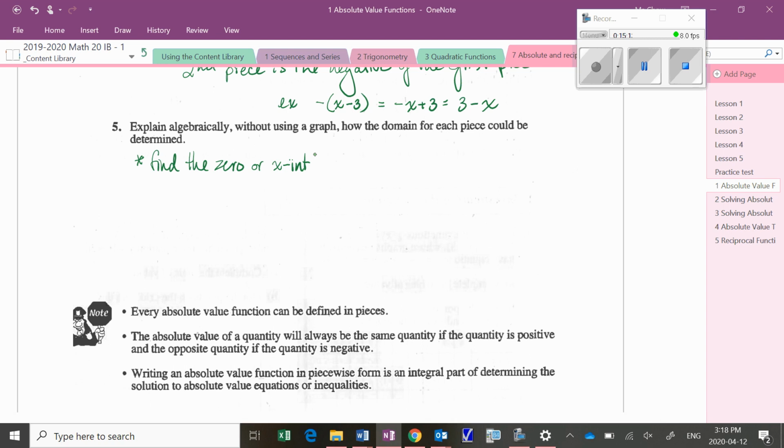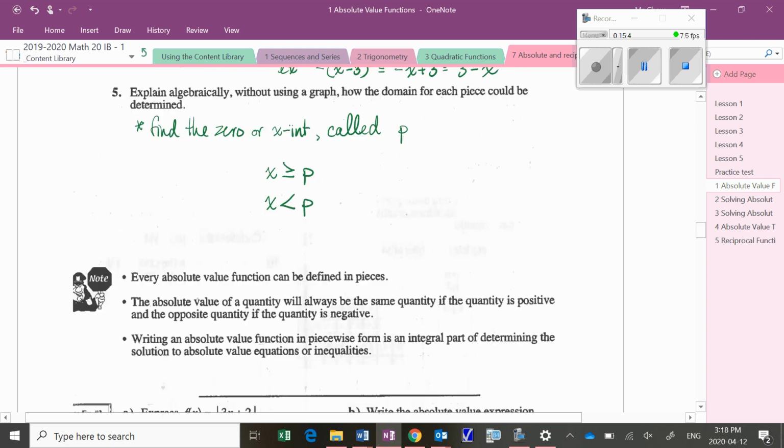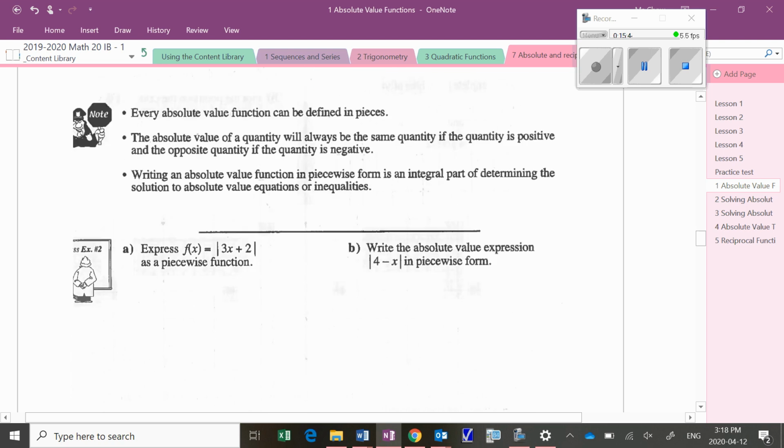Okay, so we would know that that 0, that x-intercept, divides the function into two pieces, so let's just call it P. So we've got two pieces. So we've got when x is greater than or equal to P, and we've also got when x is less than P. Okay, so some key points then. Every absolute value function can be defined in pieces. So that is our piecewise function.